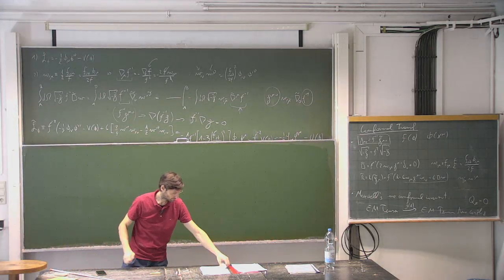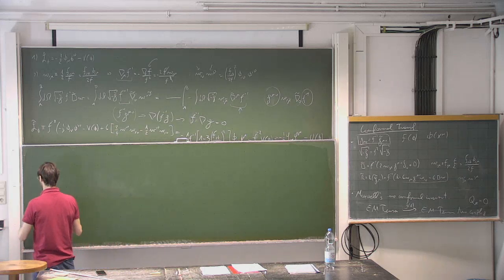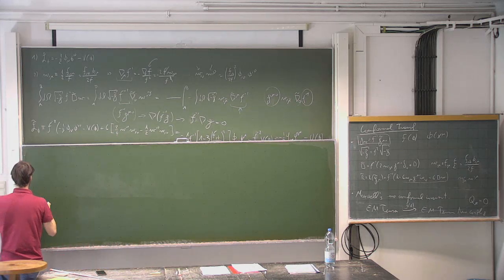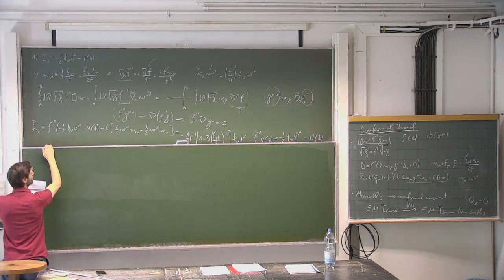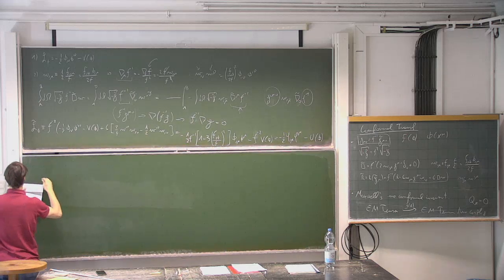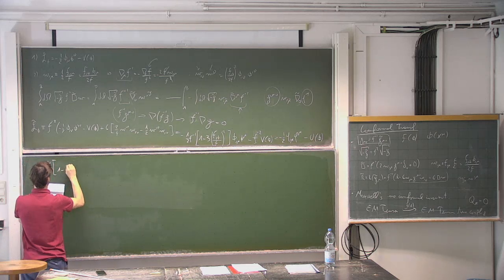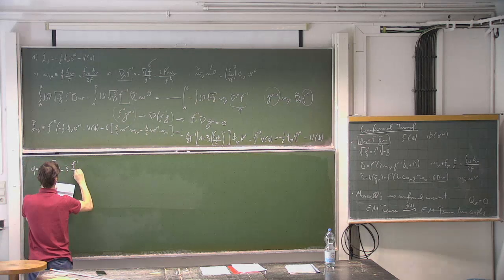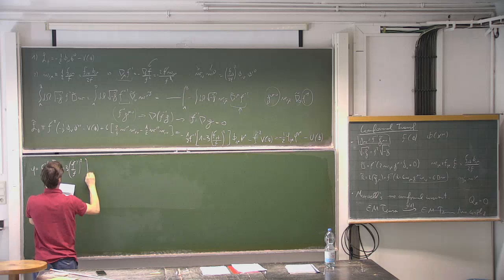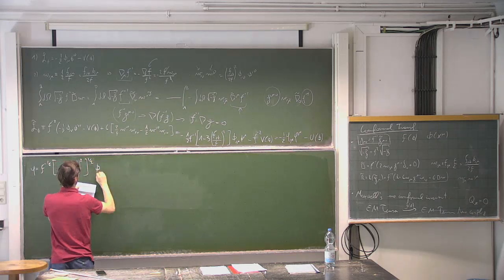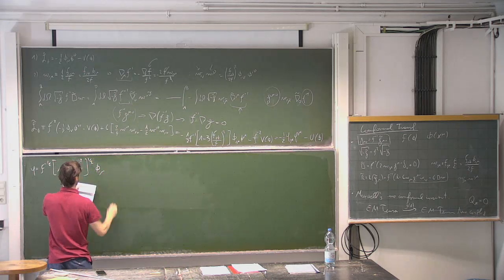Therefore, the new Lagrangian, so the relabeled field is going to be phi equal to f to the minus 1/2 square root of 1 minus 3 f prime over f to the power of 2, to the 1/2, times the original field, comma mu.